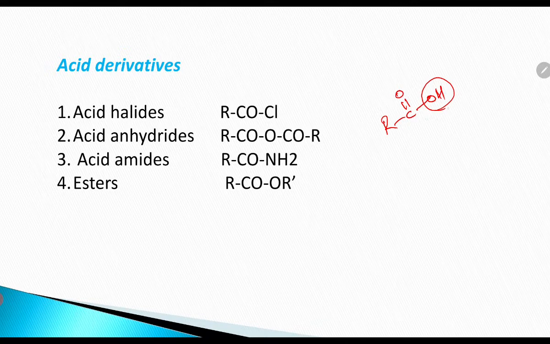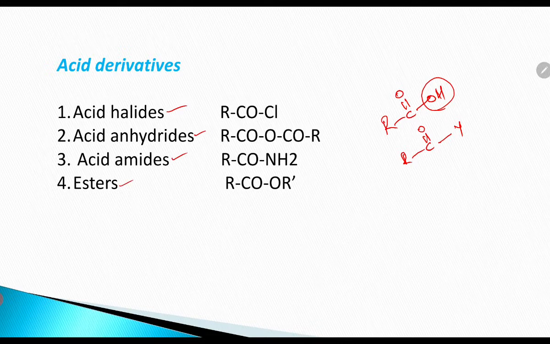Suppose, for example, this OH group is replaced by Y. Based on this replacement, we have four different types of acid derivatives: acid halides, acid anhydrides, acid amides, and esters.